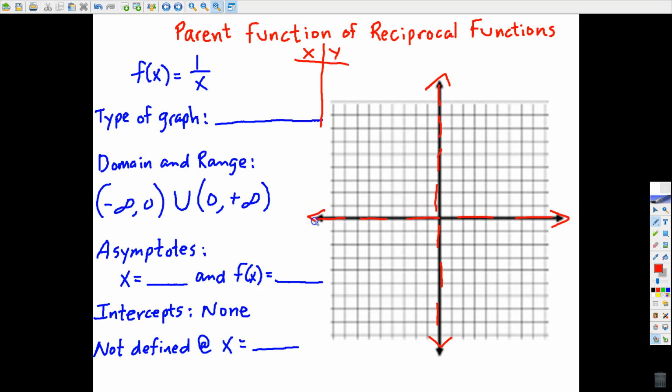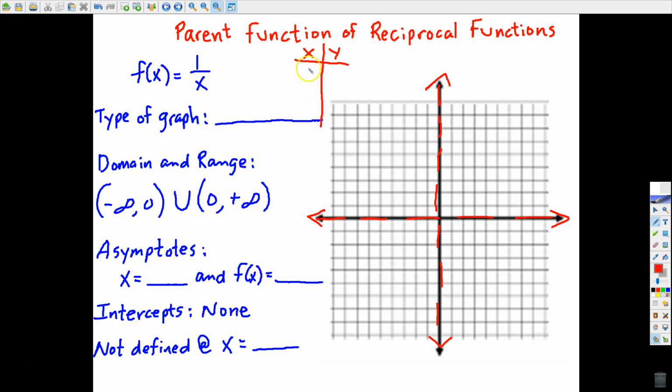Our graph cannot touch either one of those, where x is 0, which is the y-axis, nor where y is 0, which is the x-axis. So this particular graph, as we talk about characteristics, has a vertical and a horizontal asymptote.